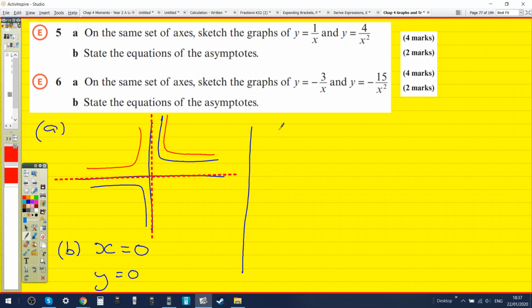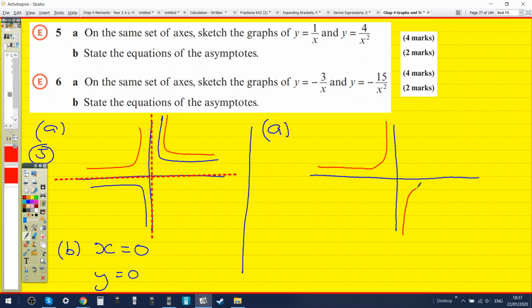Okay. Let's do question 6. On the second and fourth is the minus 3 over x, and then the other one is on the bottom two.